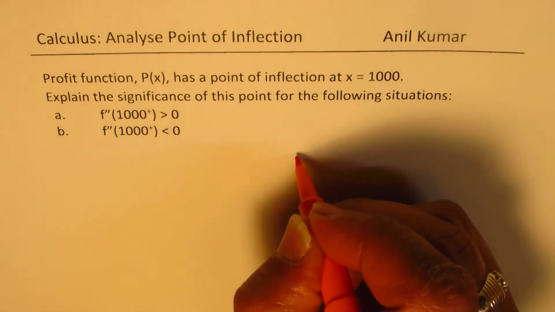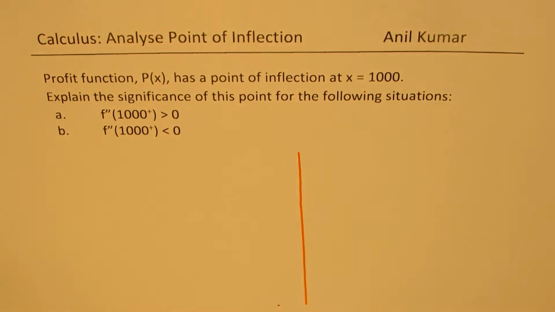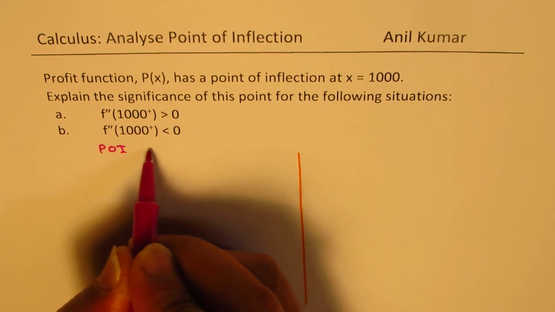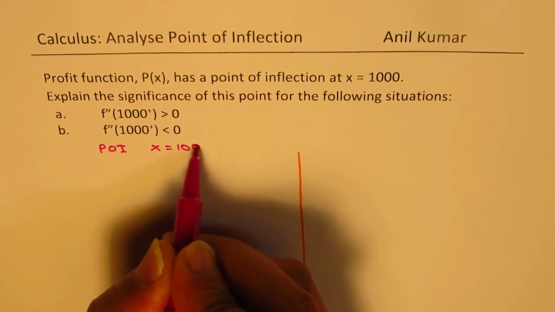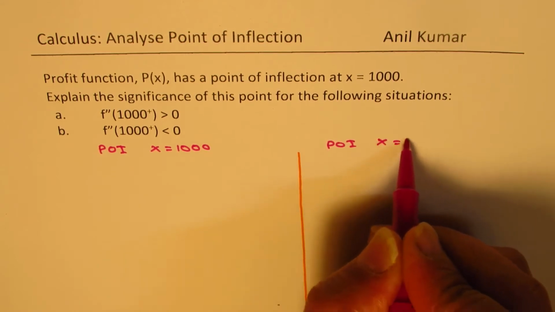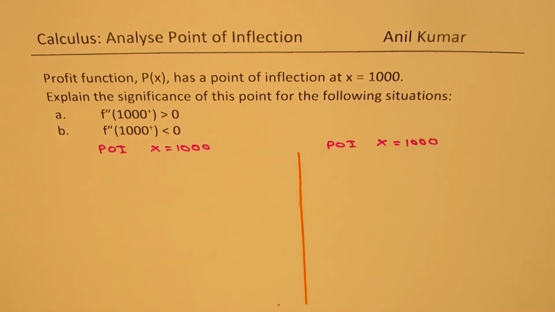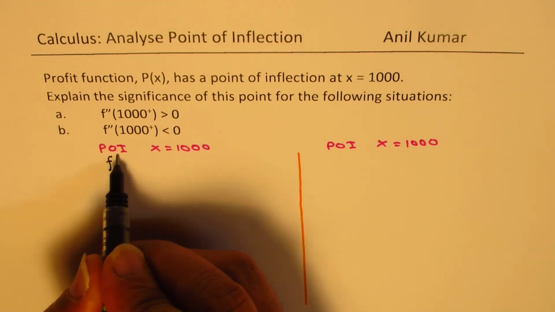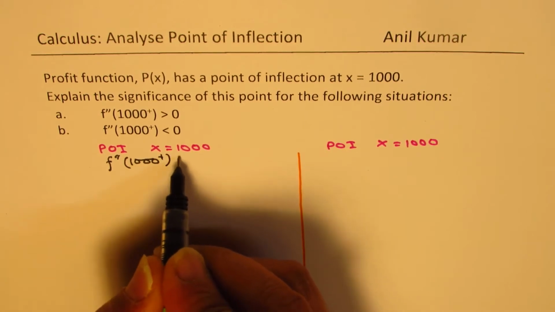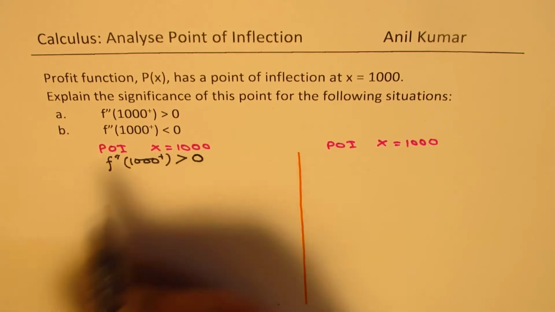So clearly, we have two situations here. In both situations, we do have a point of inflection at x equals 1000, right? However, they are different since on the right side of this point of inflection, the second derivative is greater than 0.